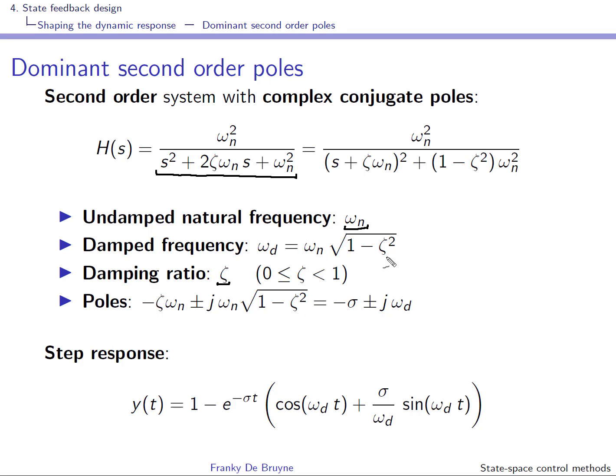It's a number between 0 and 1, and you can see that the damping really is affecting what is called the damped frequency. If you complete the squares on the first two terms of this denominator, you construct a first square over here, s plus zeta omega n, and this will produce s squared plus 2 zeta omega n s, and then you'll also have zeta squared omega n squared.